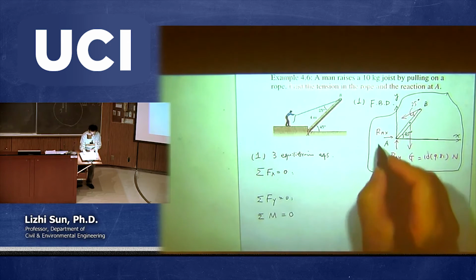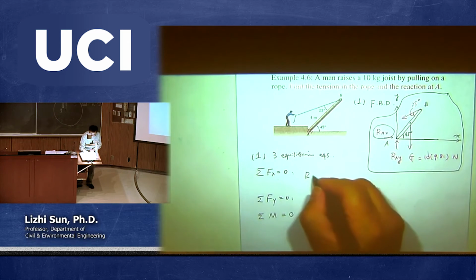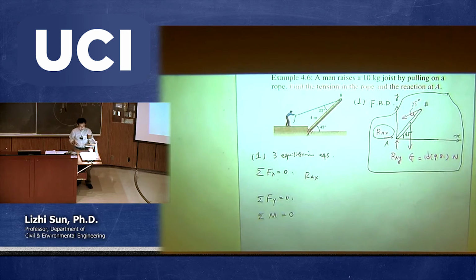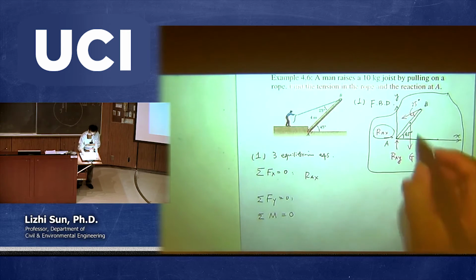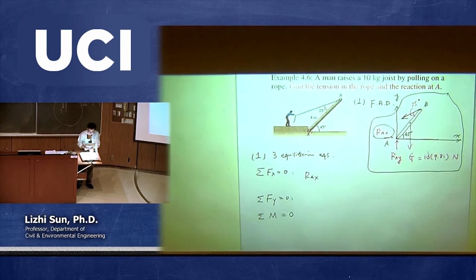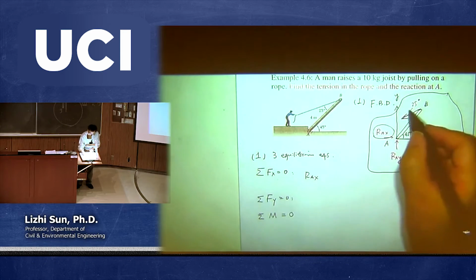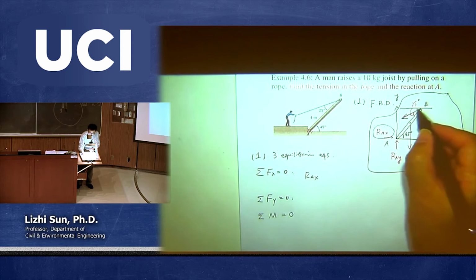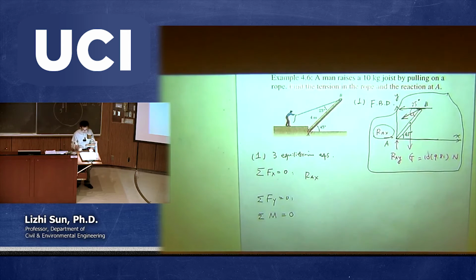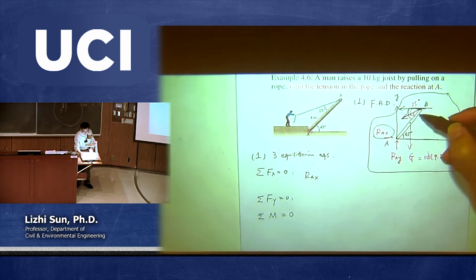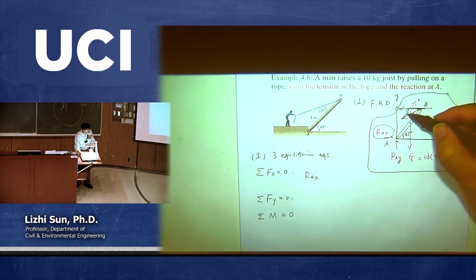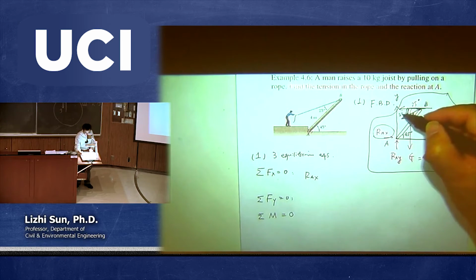In the x direction, number one, you have RAX going to the right. And number two, you have this force, the cable. The x component of that cable is this. So this total is 45 degrees, and this is 25, then this angle should be 20.